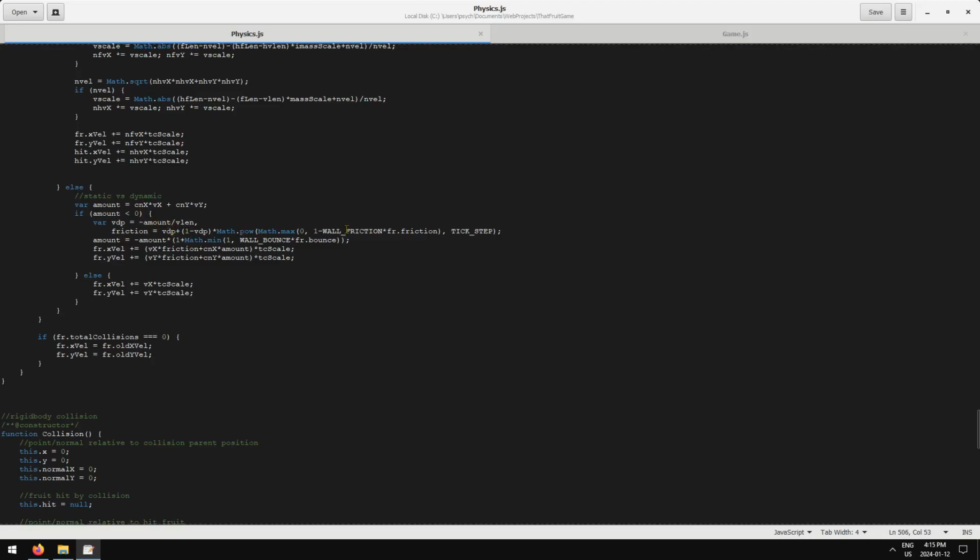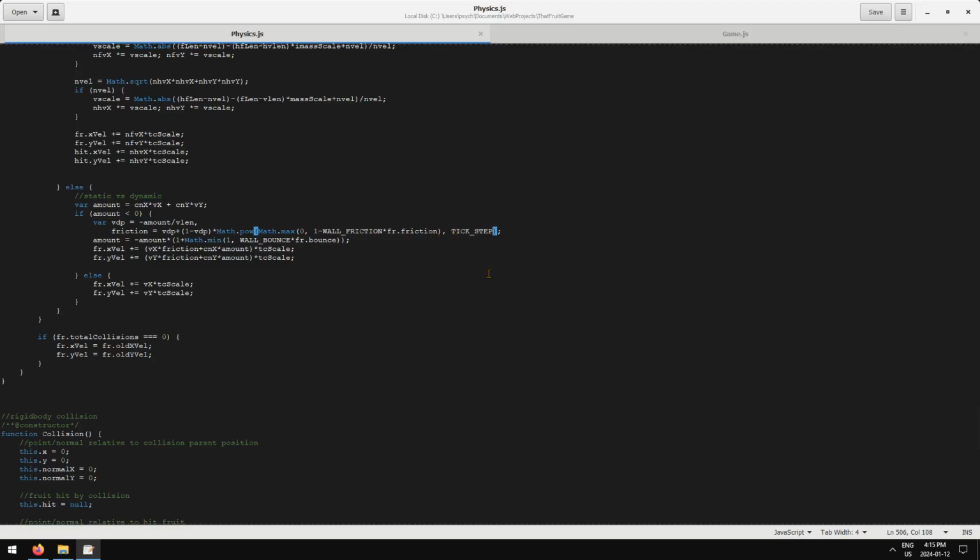So the friction, we calculate the friction by multiplying the wall friction by the rigid body friction. So to calculate the per frame friction amount based off of your delta time, you need to put it to the exponent of the delta time.